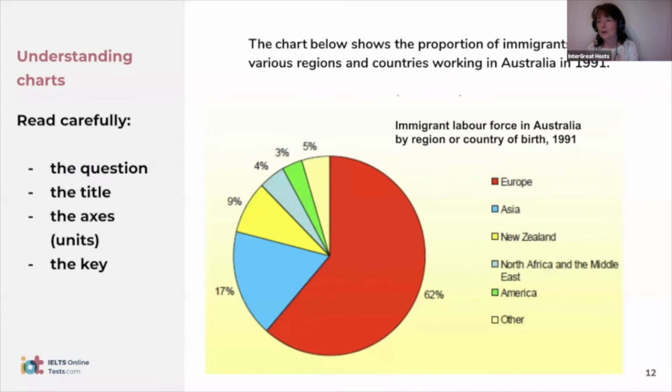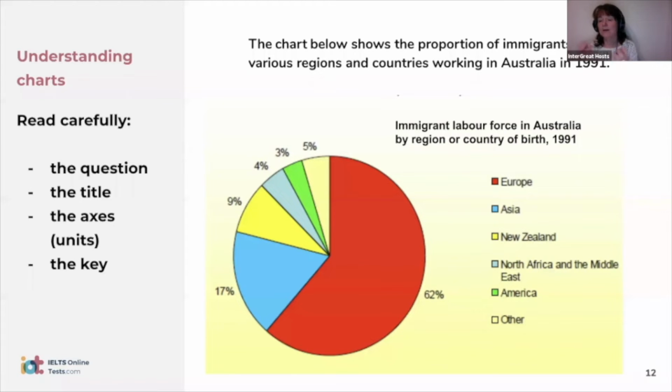So what's the question talking about? What are we looking at in this chart, first of all? Okay, what is the comparison? Okay, so we're comparing different regions, and different regions in terms of what? Okay, so yeah, immigrants from those regions into Australia. Okay, and how are we measuring those numbers?